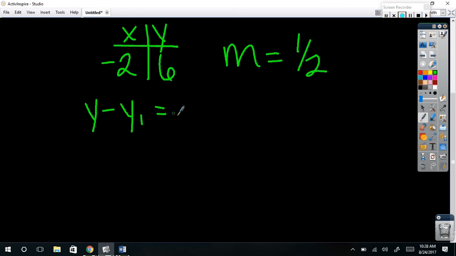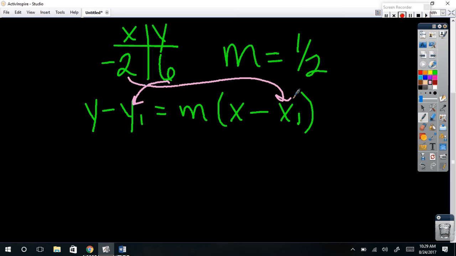Remember, it looks like this. So you're going to plug the 6 into the y1, and you're going to plug the half into the m, and then your x is going to go to your x1. Do we see? We're just plugging in where it goes.